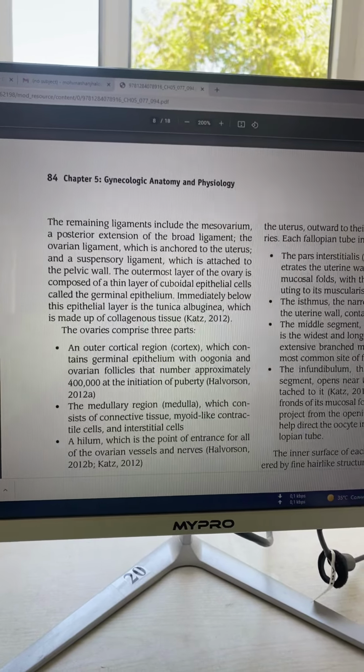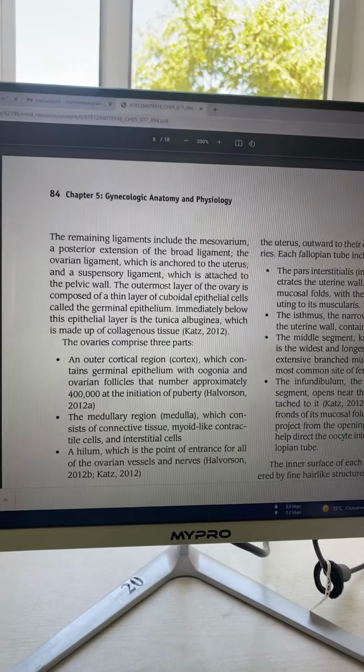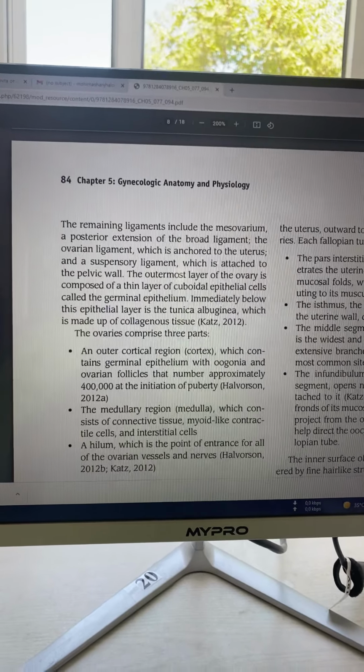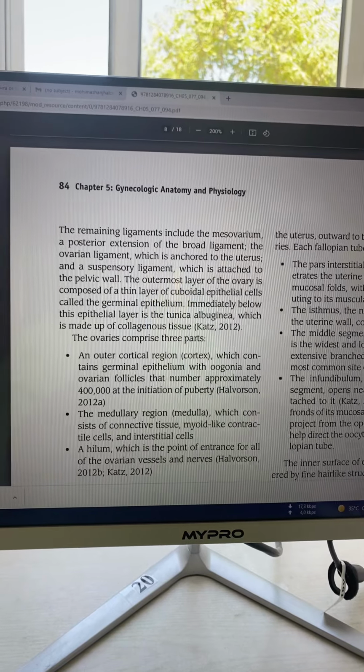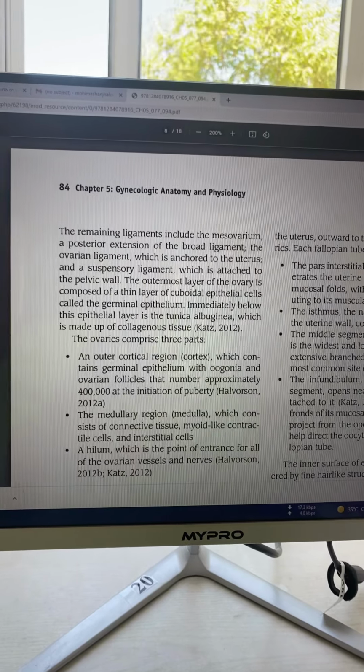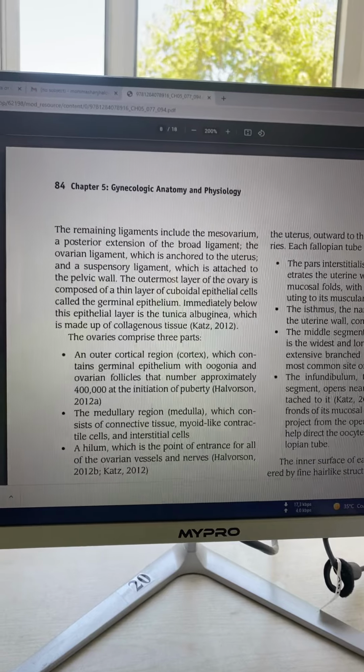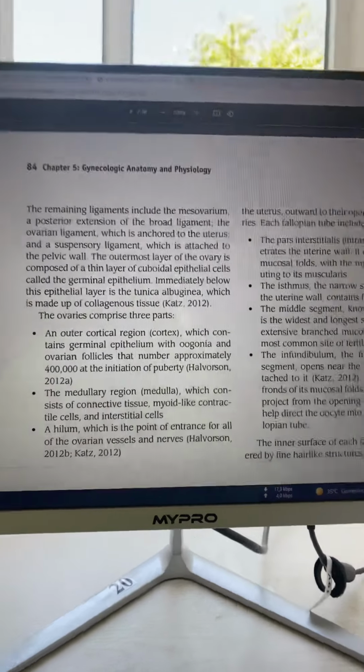The outermost layer of the ovary is composed of a thin layer of cuboidal epithelial cells called germinal epithelium. Immediately below this epithelial layer is the tunica albuginea, which is made up of collagenous tissue.